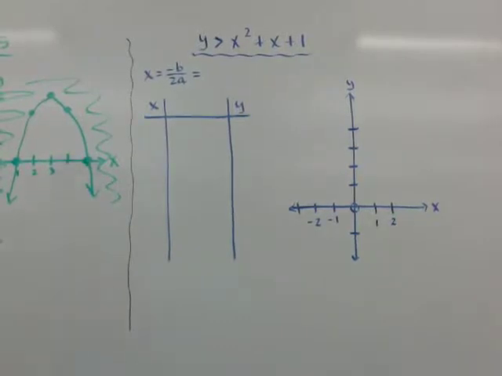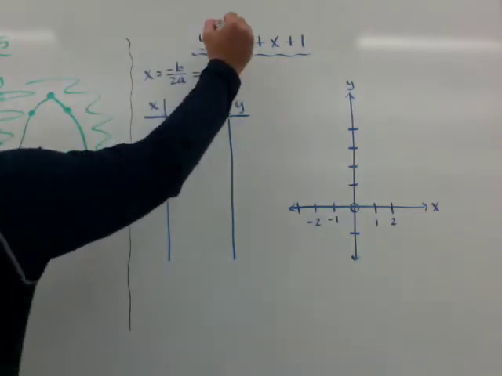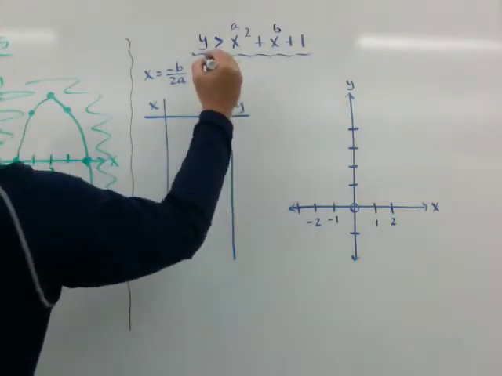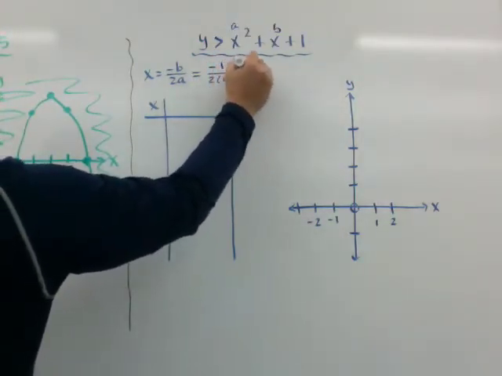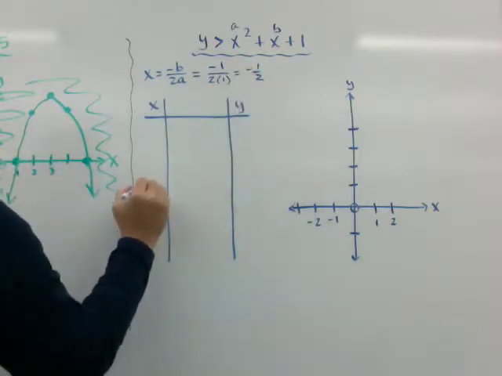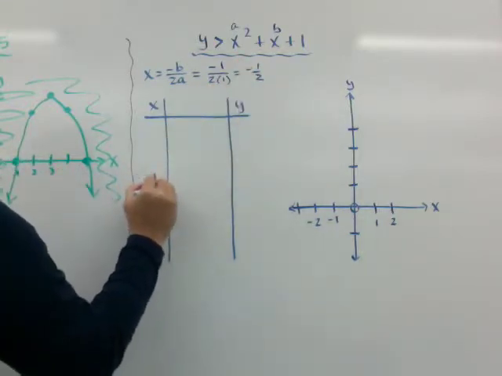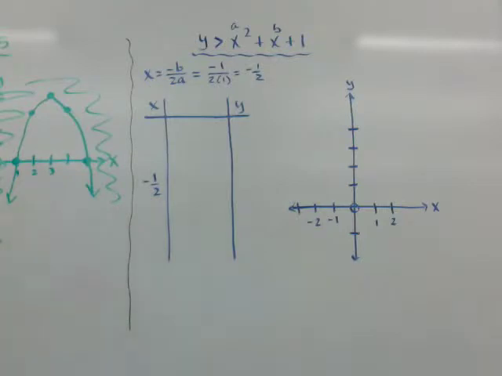So y is greater than x squared plus x plus 1. You notice it's going to be a dashed line because it's just greater than. So find the vertex. Here's my A, here's my B. So it's negative 1 over 2 times 1, which is negative 1/2. And I chose this one on purpose to give you a fraction in there.